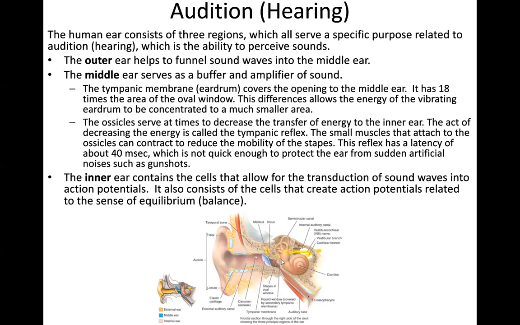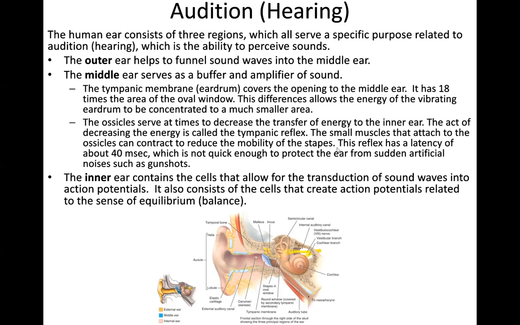Now, to help prevent damage to the inner ear, our ossicles can at times serve to decrease the transfer of this energy. Okay, and this decrease of energy is called the tympanic reflex. The ossicles, which you can't see here in this picture, have a couple small muscles attached to them. That includes a muscle literally called the stapedius muscle and the tensor tympani muscle.